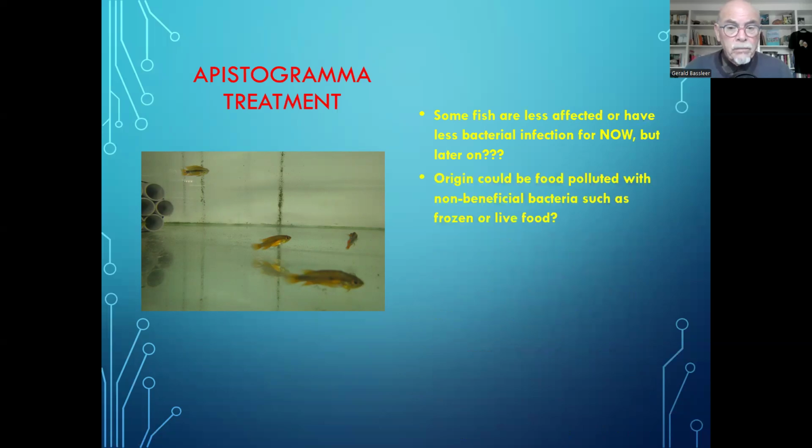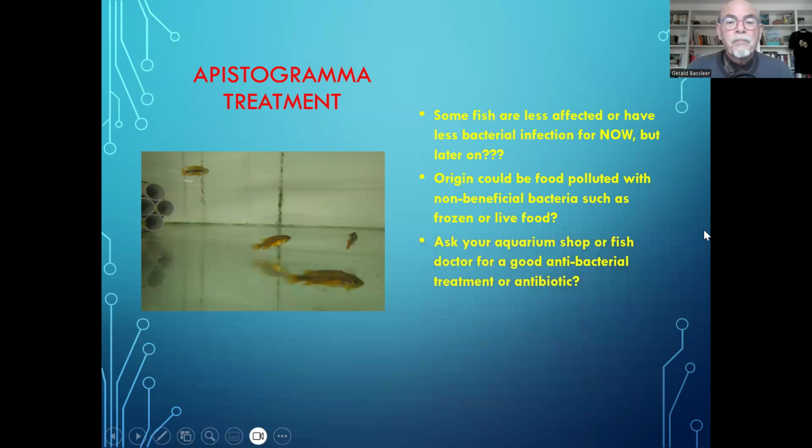And the origin, in many cases, is caused by non-beneficial bacteria, such as those that we can find in frozen or live food. This is a case that could explain this problem.